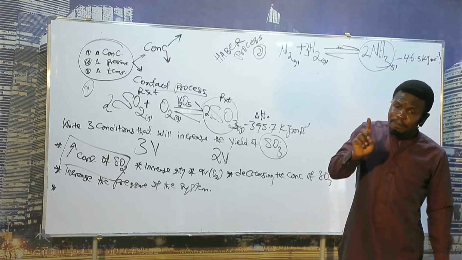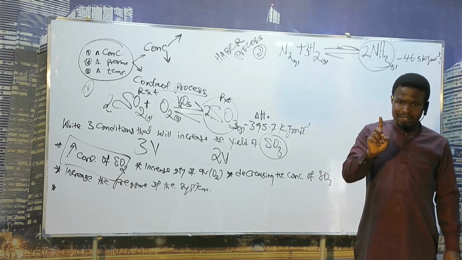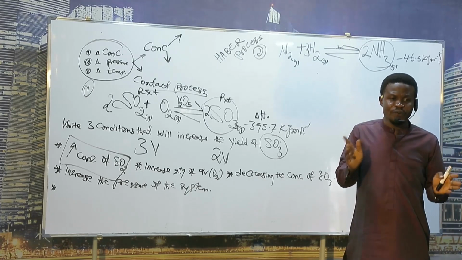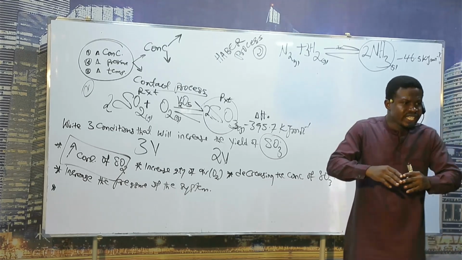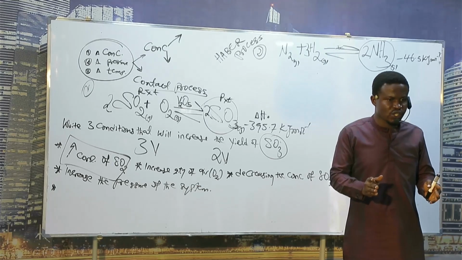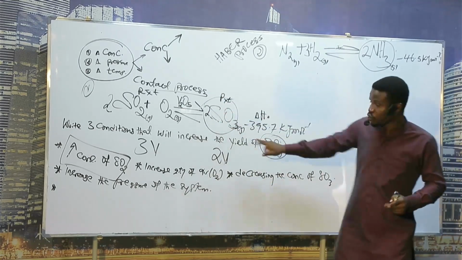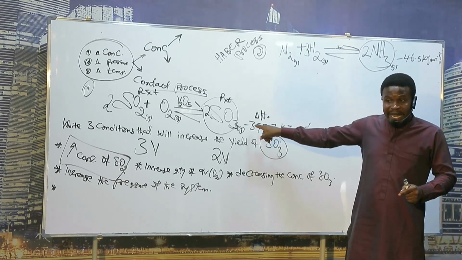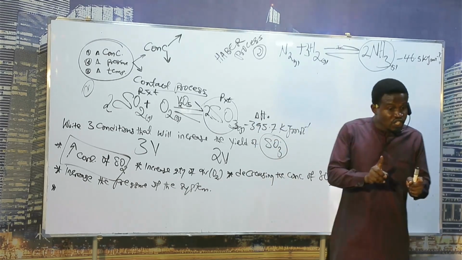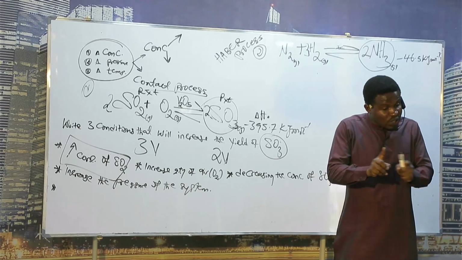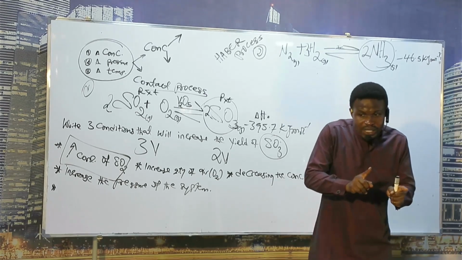But for temperature to act, or for you to know where temperature will favor, at least you need to know the heat change in the overall reaction. What is the heat change accompanying this overall reaction? Is it minus? If it is minus, it is exothermic.